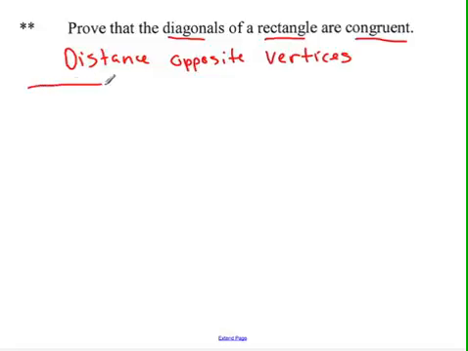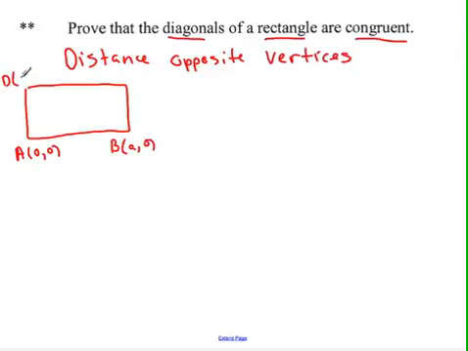I'll draw my picture up here. This is the picture that we had from before, just in case you're curious where I'm getting this from. We put A at the origin. B over here was over A, up 0. D over here was over 0 but up B. And then C was over A, up B. So what I'm going to try doing here is show that the length AC is going to be equal to the length of BD.